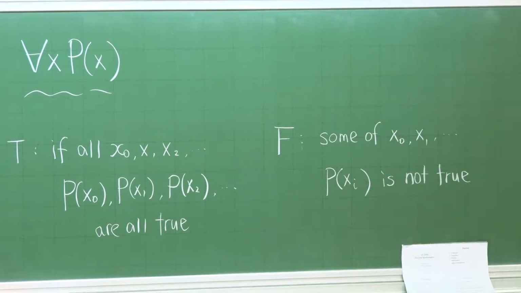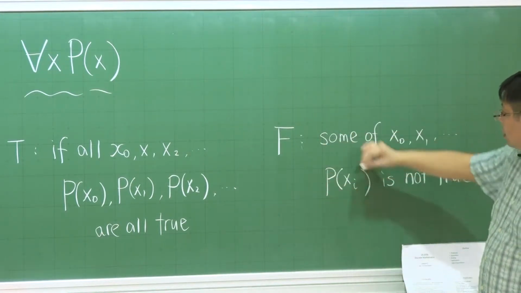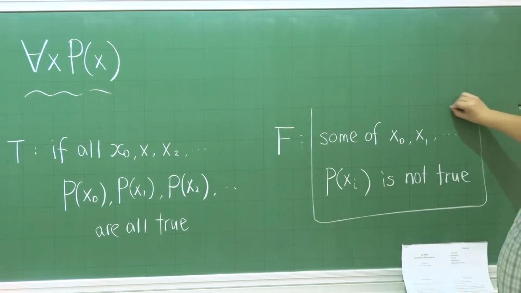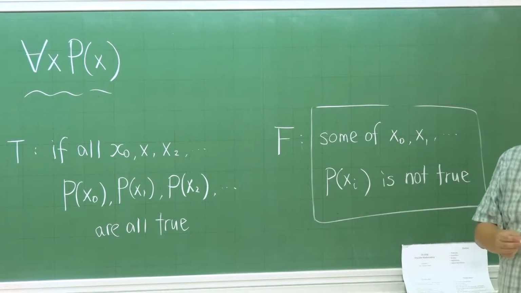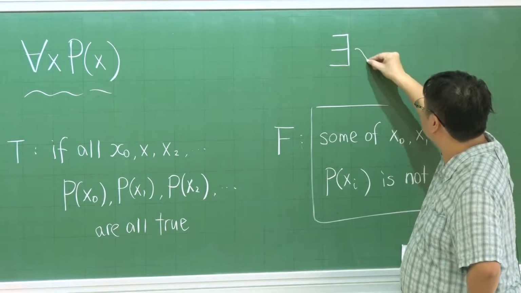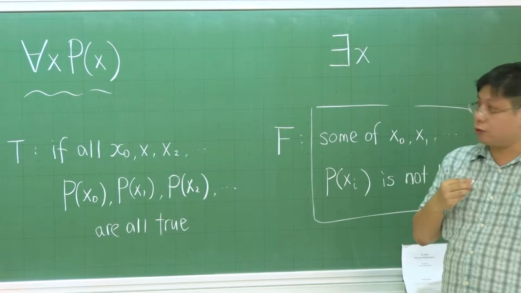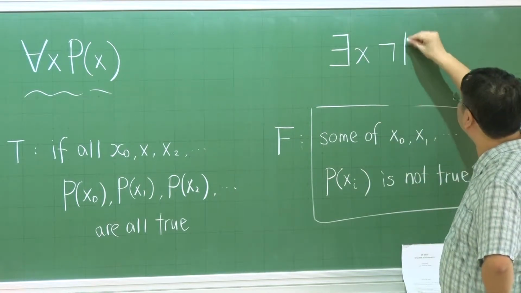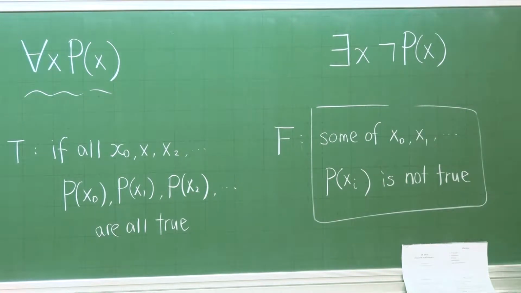Is that okay? So this is false when that happens. If I write down the meaning of this, some xi such that P(xi) is not true, I'm actually saying there exists a certain x such that P(x) is not true. That is the same as not P(x) is true.